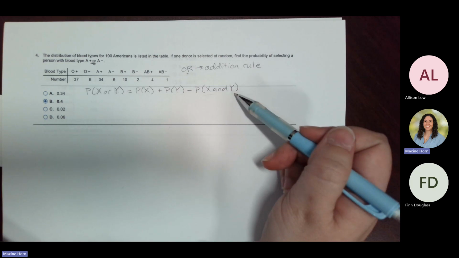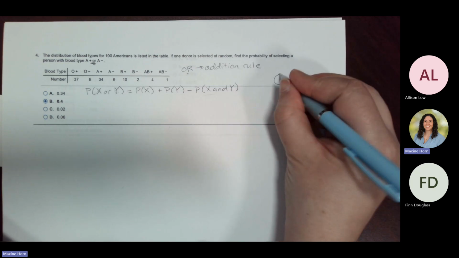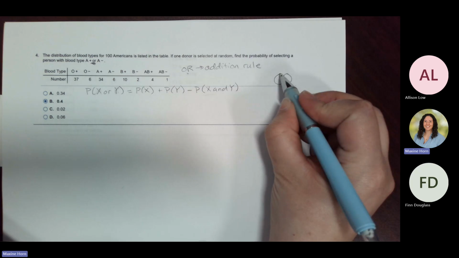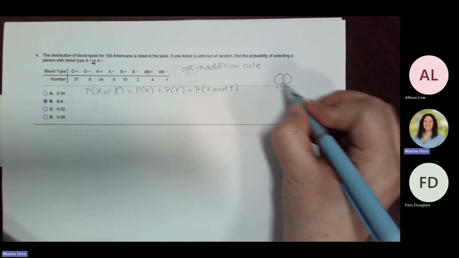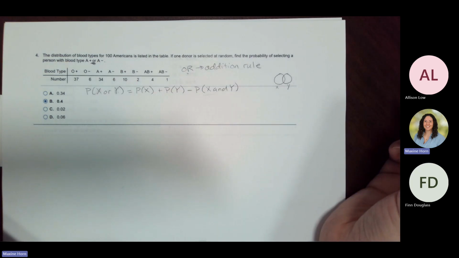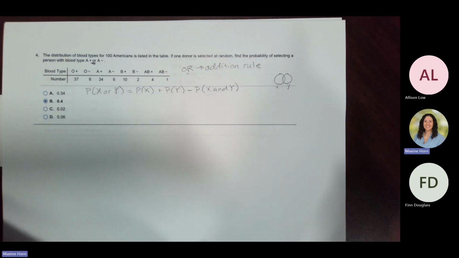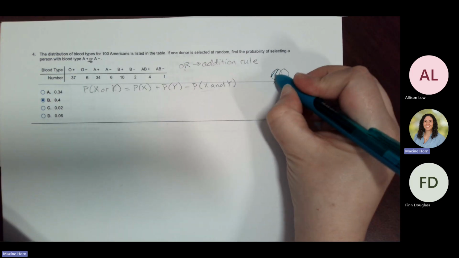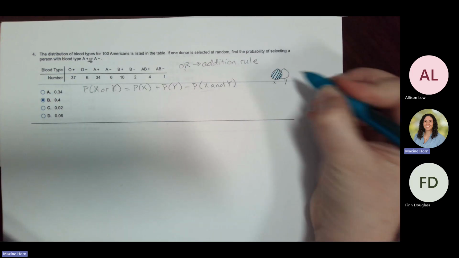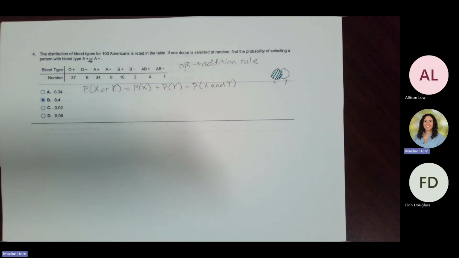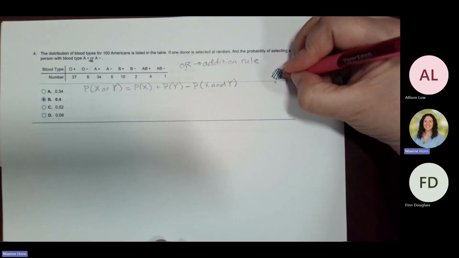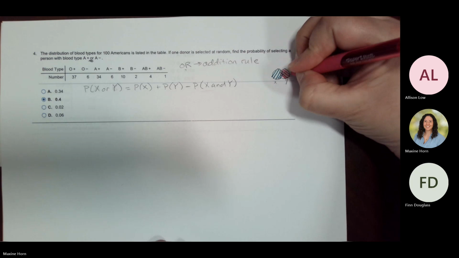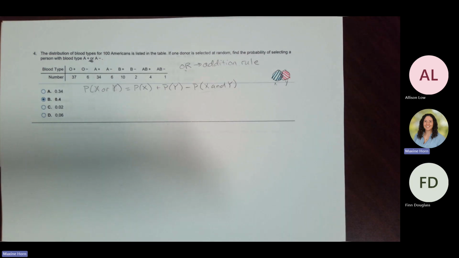And the reason that you have to subtract where they overlap, just to give you guys some context here: if I called this circle X, this circle Y, and I wanted the probability of X or Y, if I color in all of X, and then I color in all of Y, well, I just counted that space in the middle twice.